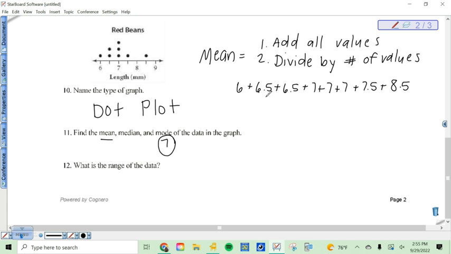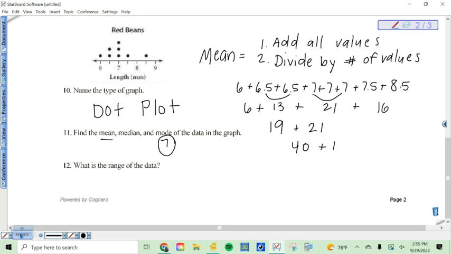Good. And let's add those up. What's 6.5 plus 6.5? What's 7 times 3? What's 7.5 plus 8.5? Good. So now I've got this. What's 6 plus 13? What's 19 plus 21?